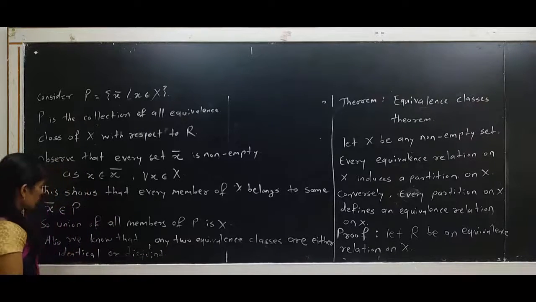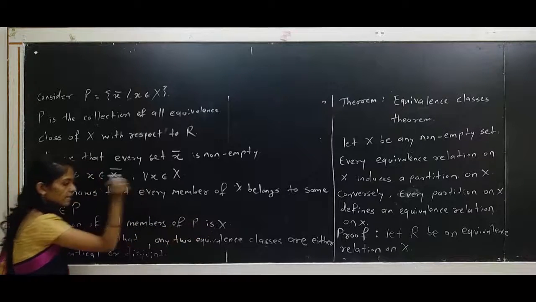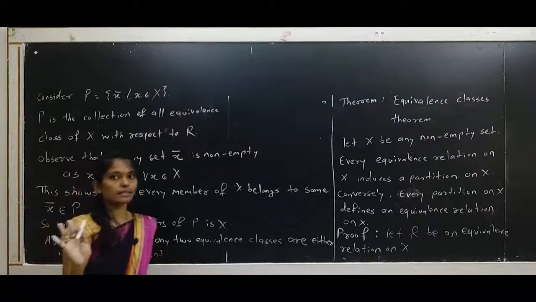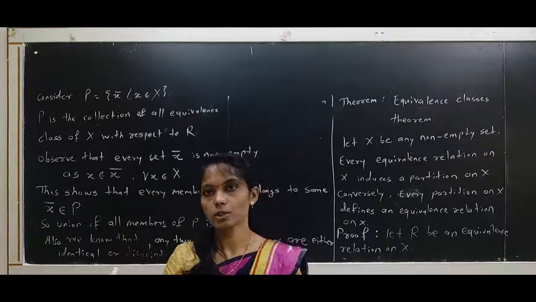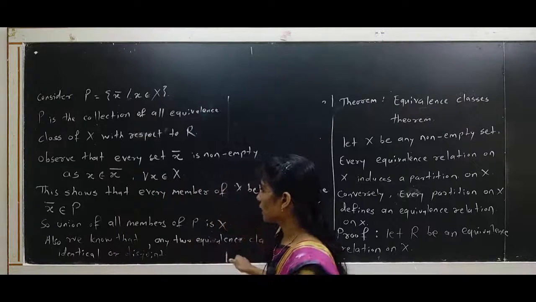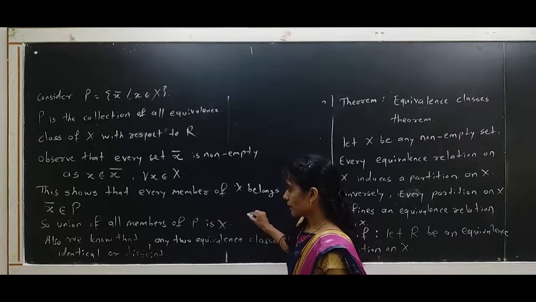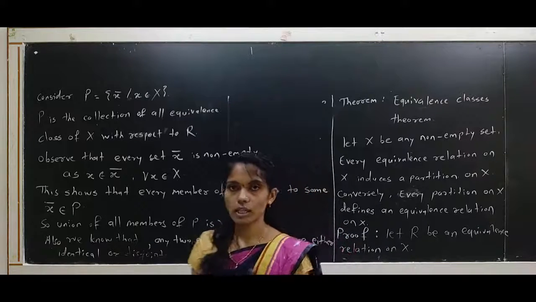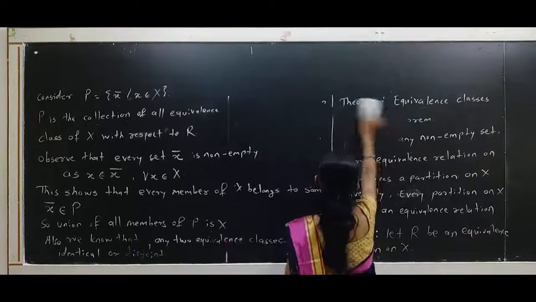Okay, so union of all members of P is X, and here we know that if we consider any two equivalence classes, then they are either identical or disjoint. Okay, so here we get union of all members of P is X, that is P forms a partition. So here we prove that P forms a partition.